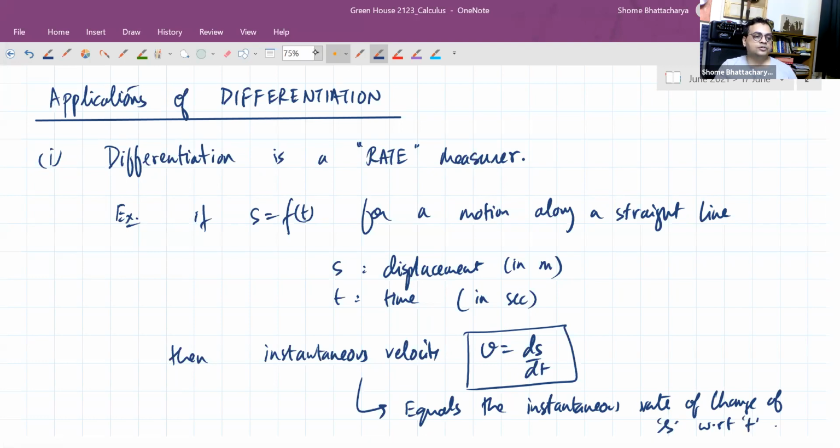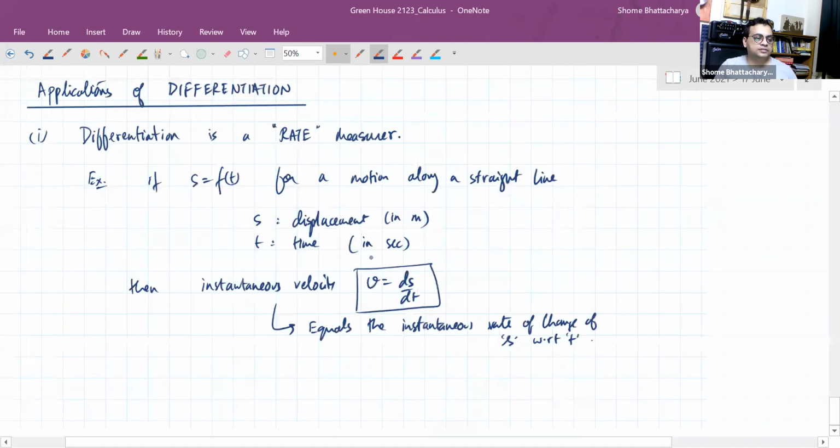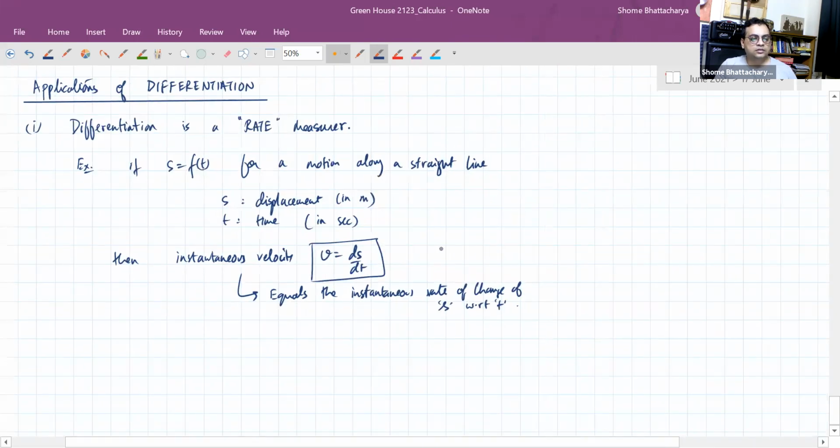So this is a direct application of differentiation as a rate measure. It is giving you the rate of change. Here v will become differentiation of whatever this function was.